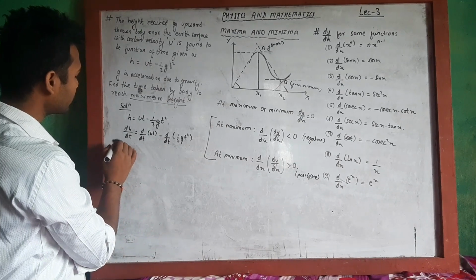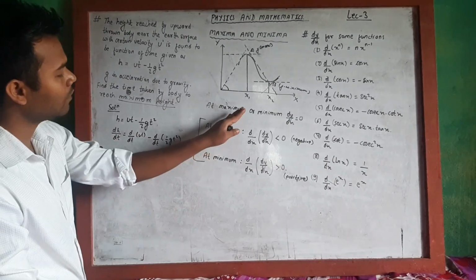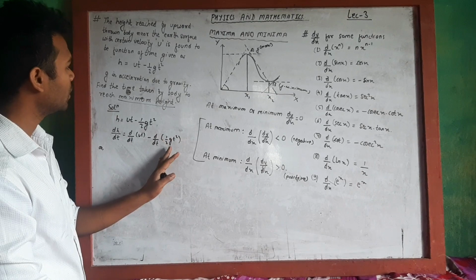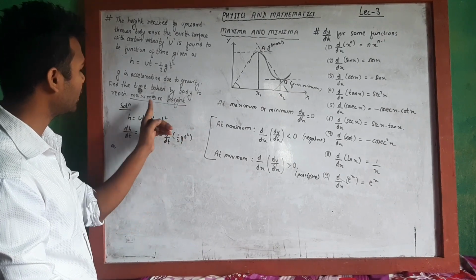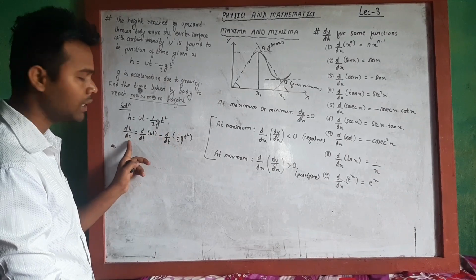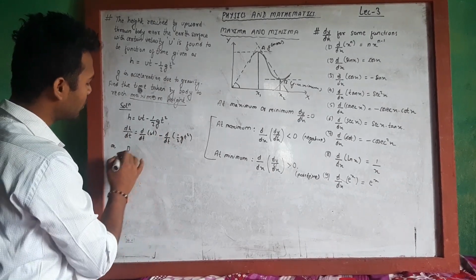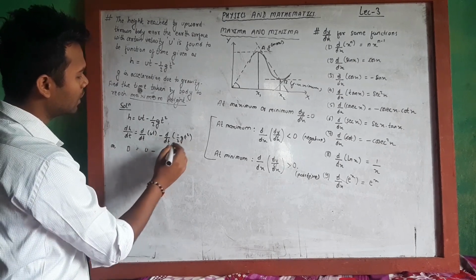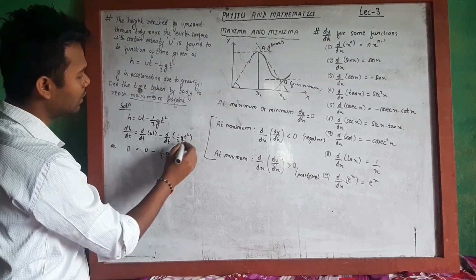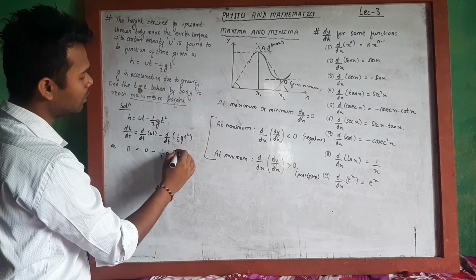dh by dt is equal to the derivative of the first term minus the derivative of the second term with respect to time. As we know, at maximum height, dh by dt is equal to 0. Therefore, we put 0. Here we will get u minus half g and t square, whose derivative will be 2t.